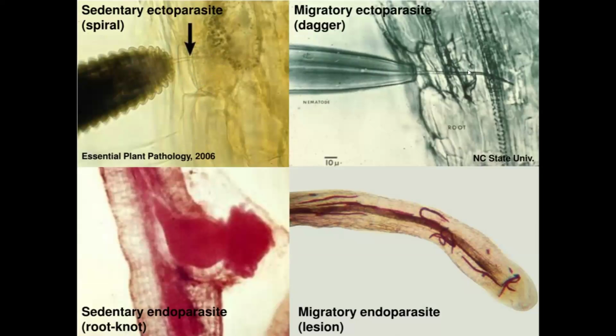Look at the stylet here, this long thing, penetrating into the plant, and they begin to suck, but they don't enter. But look at the sedentary endoparasitic ones. All these things in red are a stain. So that's one way of finding out if the nematodes are there. You can stain a tissue. Once anything stains, it means that there is a living thing inside.